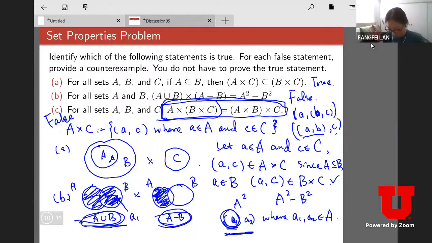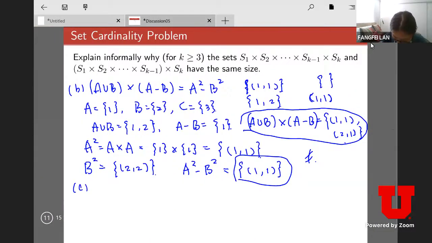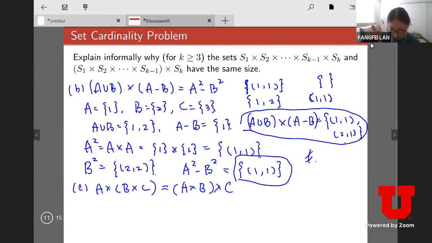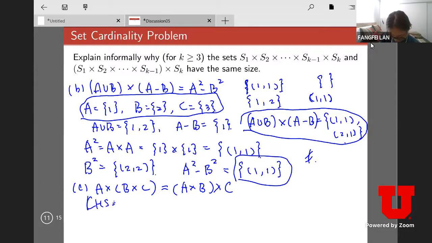So we can give the same type of counterexample. The statement is A cross B cross C is equal to A cross B cross C, with different groupings. We still use the same thing: A is 1, B is 2, C is 3. So what does A cross (B cross C) look like? On the left-hand side, we have 1 cross (2 cross 3).